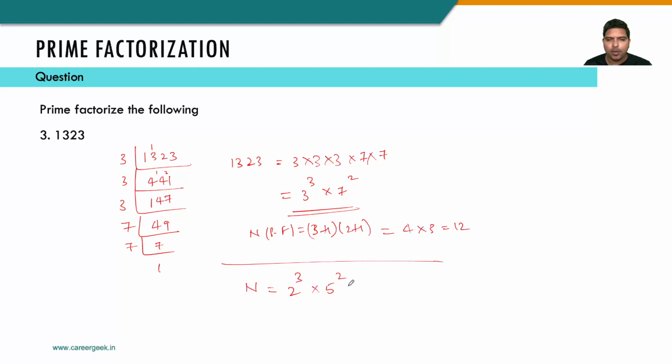For this sort of number, will the number of positive factors be the same as that of 1323? The answer is absolutely yes. Why? The base does not matter. The base just has to be prime. It's the exponents or the powers that matter, right?